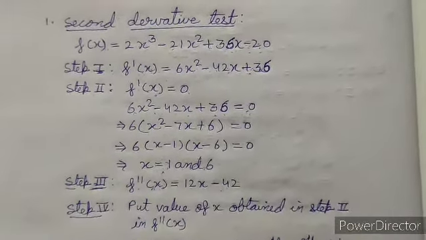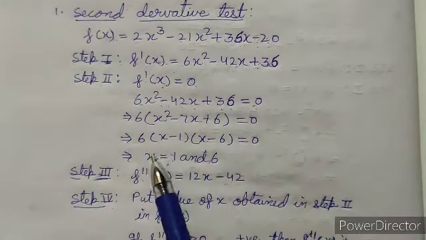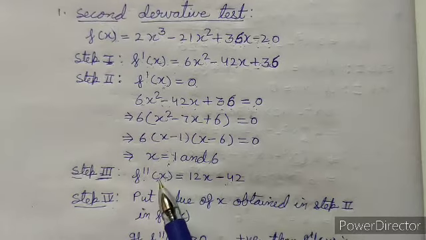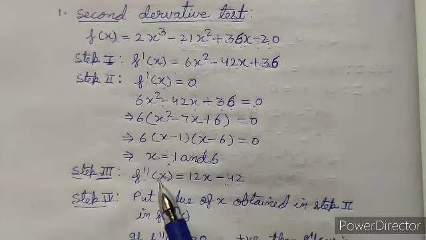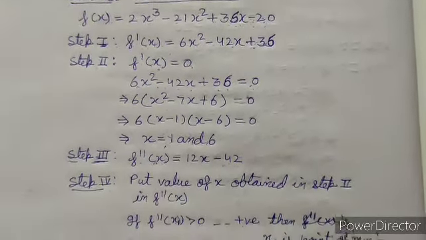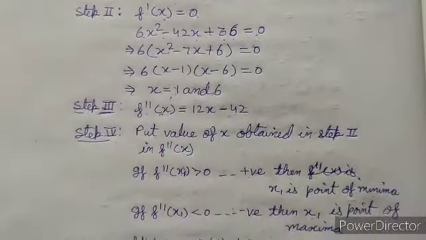Now in the fourth step we will put the values of x obtained in step two in f''(x). If we get a positive sign, then the point will be a point of minima, and if we get a negative sign, then that point will be a point of maxima.